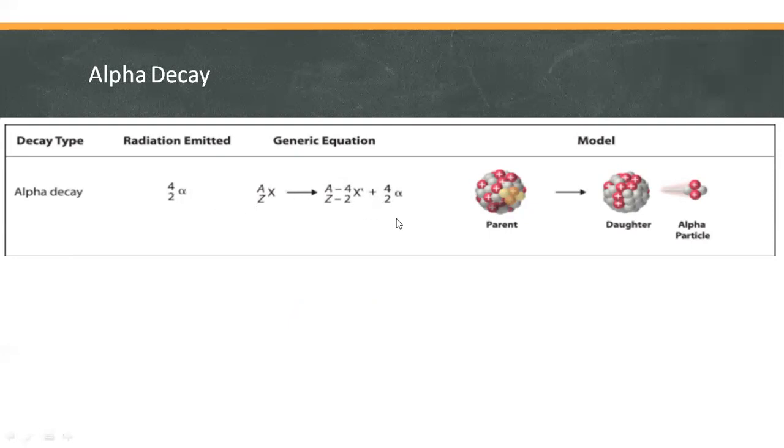So this alpha particle is actually a helium nucleus with an atomic mass of 4. The daughter nuclide, or the product of the decay, has 2 fewer protons and 2 fewer neutrons than the parent.